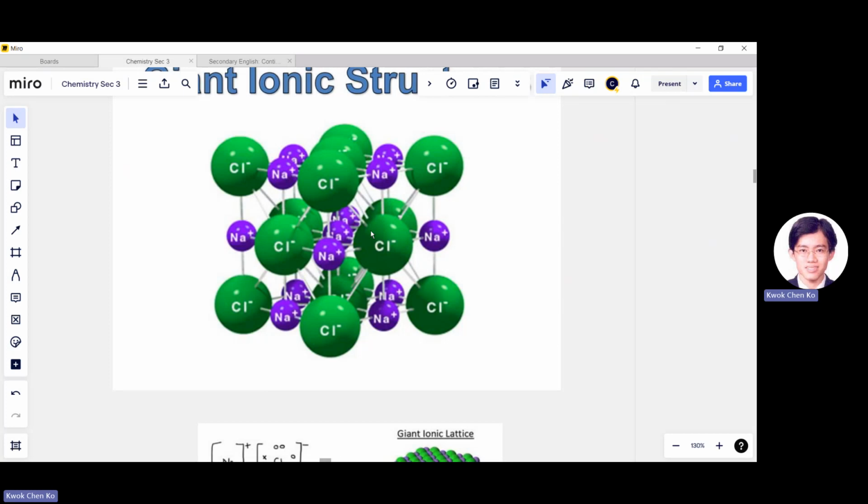So they basically cannot move too much. If I want to melt it, what do I need to do? I need to weaken all these bonds, all of them. And remember, all these are strong bonds. That is why it's very hard to melt, because you need a lot of energy to weaken all these bonds.